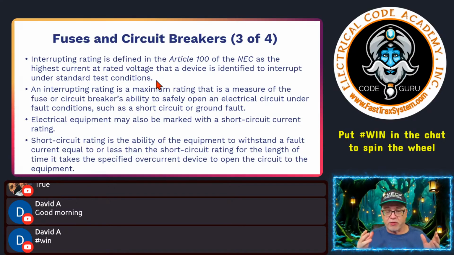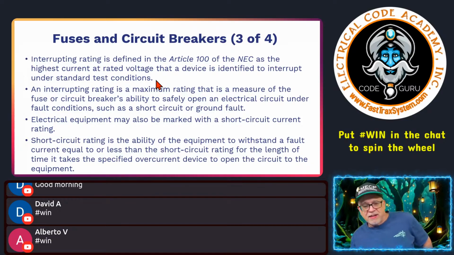Breakers, for example, are tested in an environment that is more like open air than inside of an enclosure. There's a standard test procedure, and that's all they have to pass. These things aren't tested in worst case scenarios.